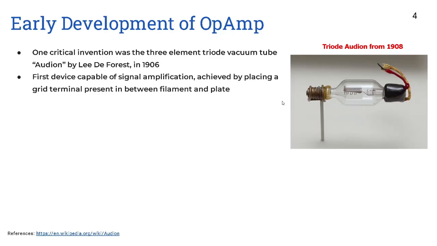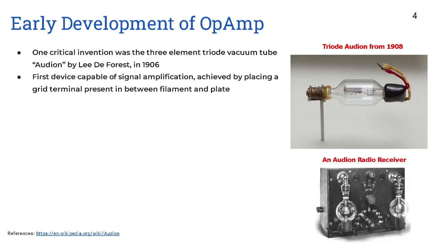With the help of this terminal, you can control the flow of electrons between the filament and the plate. Thereby, you can achieve signal amplification by applying a potential to the grid terminal. So this was the first device capable of signal amplification, and as I told before, this was achieved by the grid terminal placed between the filament and the plate. And this Audion vacuum tube was widely used in radio receivers and transmitters.